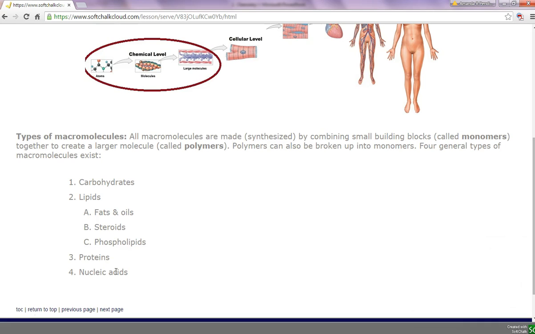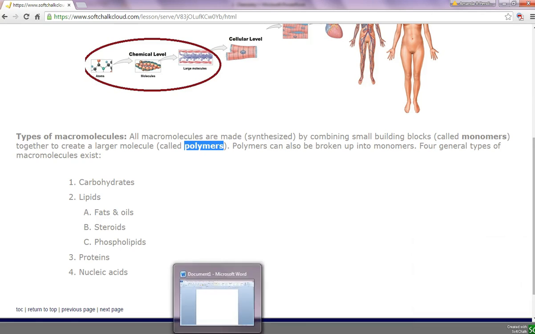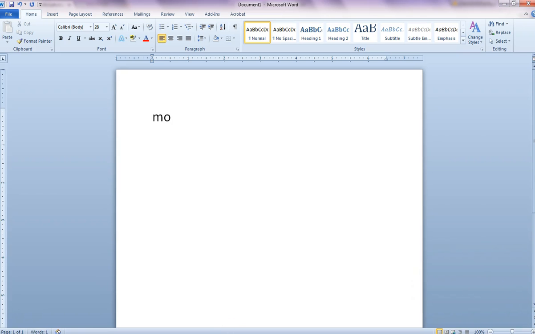But before we get into the specifics, I want to talk about this common theme, which is talking about monomers and polymers. Okay, so first I want to break apart the word monomer and polymer. So if we look at monomer, let's just take this part of it, mono, okay?